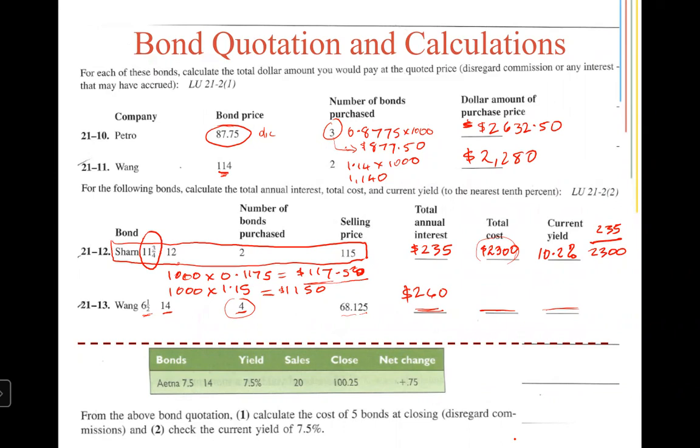So the total cost would be $2,725. Okay, that's 2,725 for the 4.